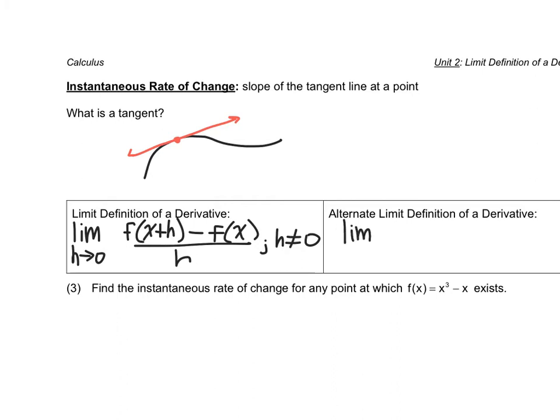So the limit as x approaches a of f of x minus f of a over x minus a, but x can't be equal to a. That's the condition there, because if x and a were the same in the original function, the difference quotient of it would not exist and be completely meaningless. But x can approach a, just can't get there.